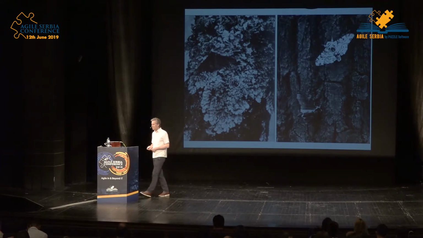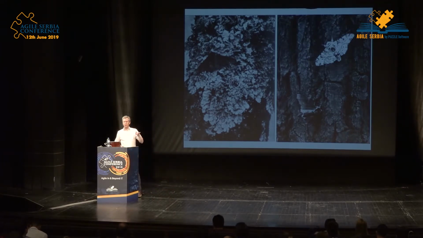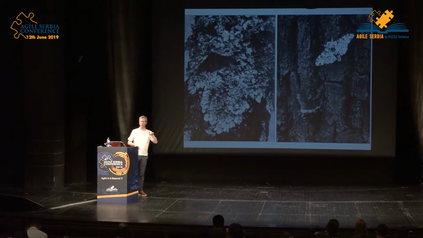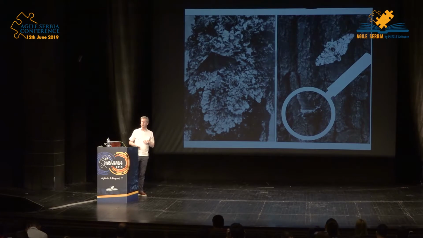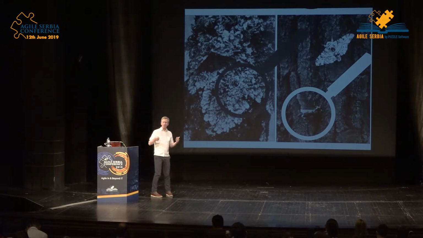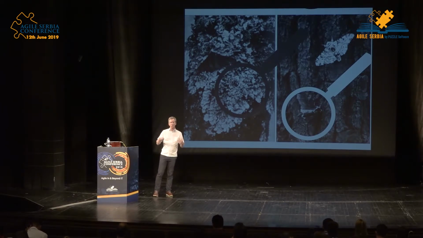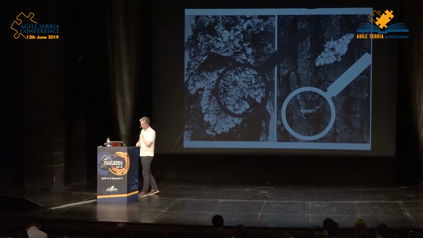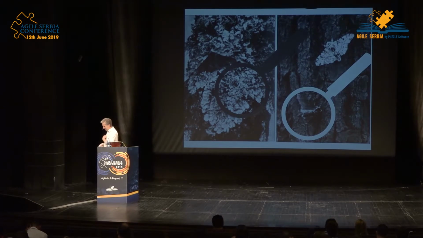And just to give a sense of that, there are actually two moths in each picture. That's the black pepper moth on a black tree, and that's a white pepper moth on the white tree. So you can get a clear sense of just how effective the camouflage is if you're on the right colored tree.